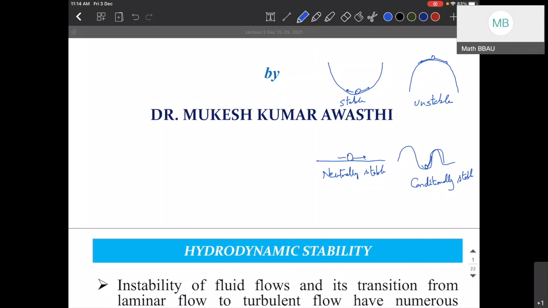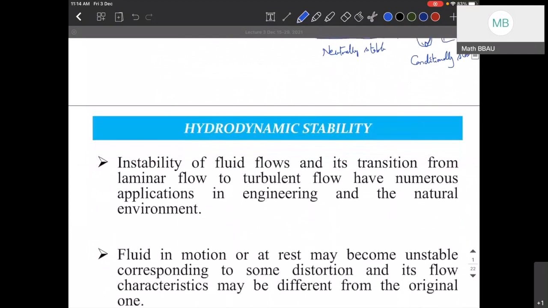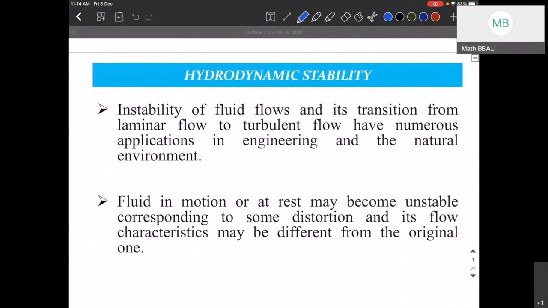stable or not. So a flow field is stable if we apply some perturbations on it, and after some time those perturbations die down, and that flow field regains its original position. Then we say that that particular flow arrangement is stable with respect to the applied disturbance.